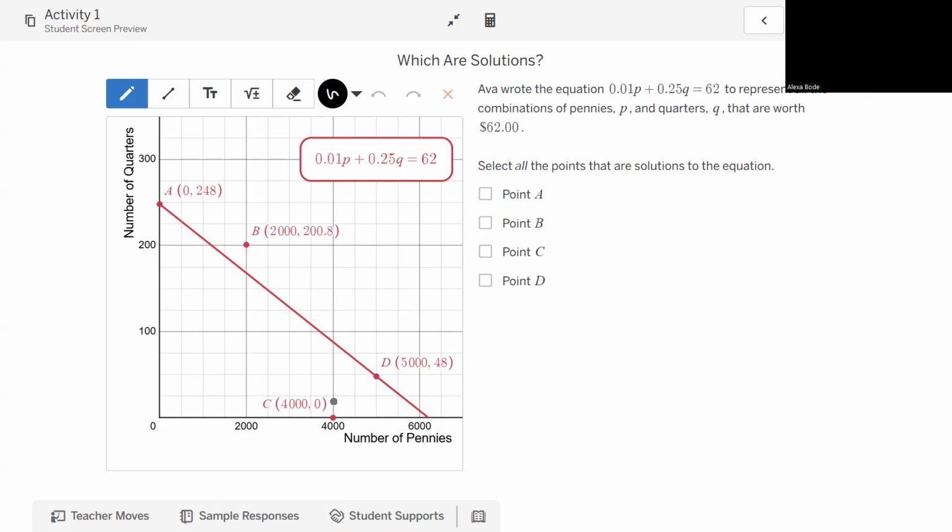B and C would not be solutions. 4,000 pennies is $40. Okay, 2,000 pennies and 200.8 quarters is just over $62. So A and D are your solutions because they are actually on the line.